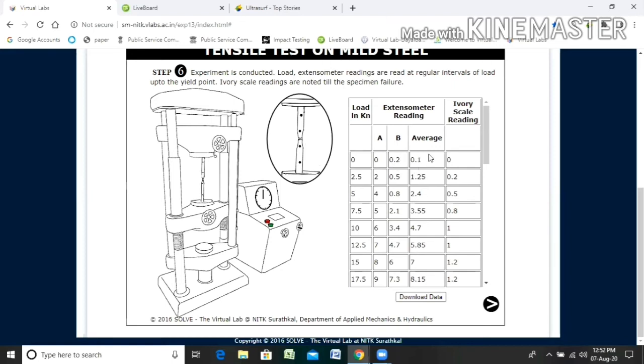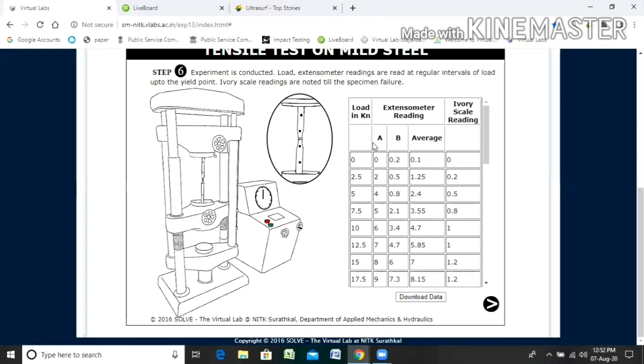So the average is 0.1, and the ivory scale reading is 0, as I have not applied any external load. Next, the first external load, 2.5 kilonewton. For that, the corresponding extensometer reading of the A extensometer is 2. For B it is 0.5.